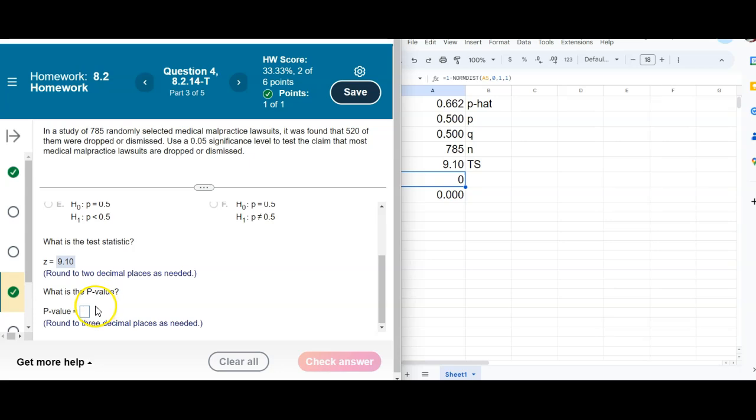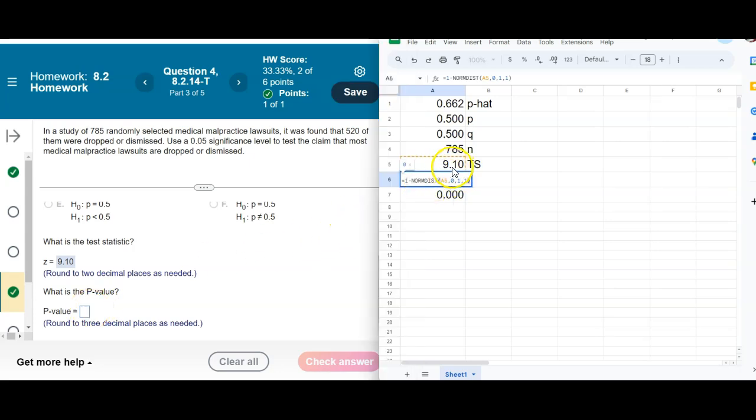Alright, the next thing I want to know is the p-value. This is a positive test statistic, so the p-value is the area from that number on and further into the right tail. So that's going to be 1 minus NORM.DIST, and then from there I'm clicking the test statistic.